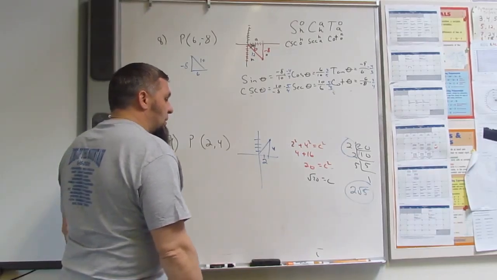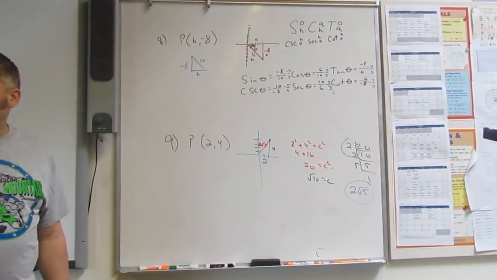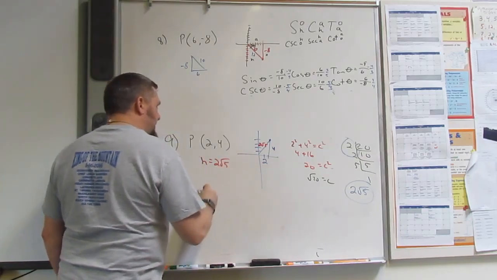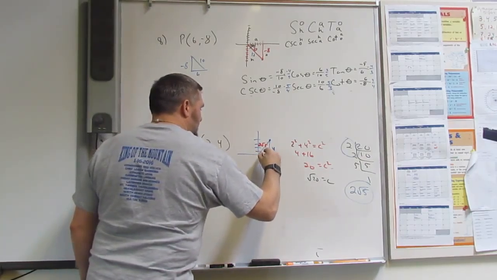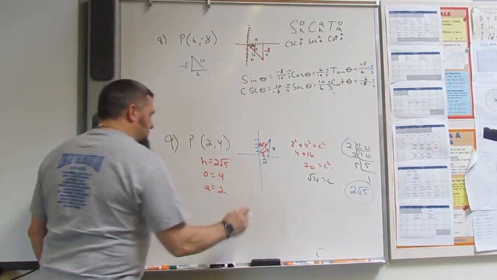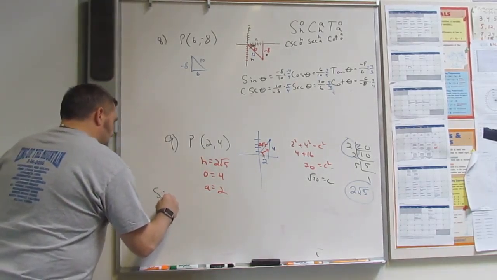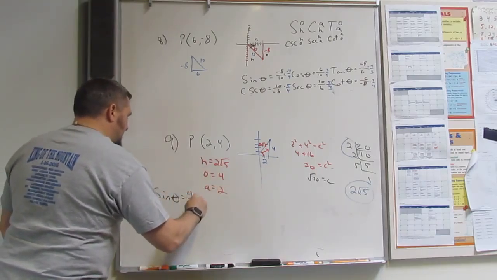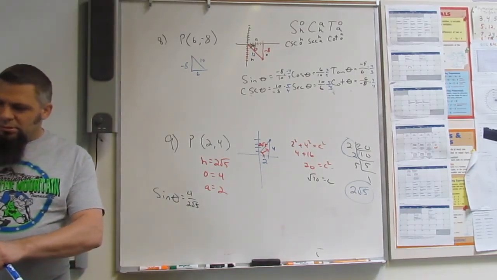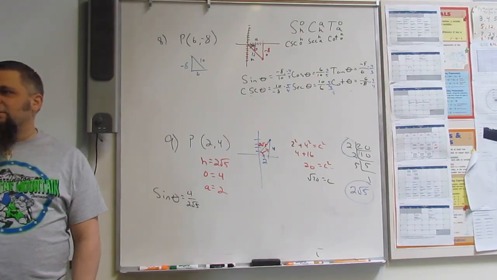Same thing. So now I know that this is 2 square roots of 5, right? So I know that's the hypotenuse. H is equal to 2 square roots of 5. Right? This is your angle. So the opposite is equal to 4. The adjacent is equal to 2. We just go right back to sine theta equals opposite, 4 over hypotenuse, 2 square roots 5. And at this point in the game, you know you're multiplying the square root of 5 over the square root of 5, right?